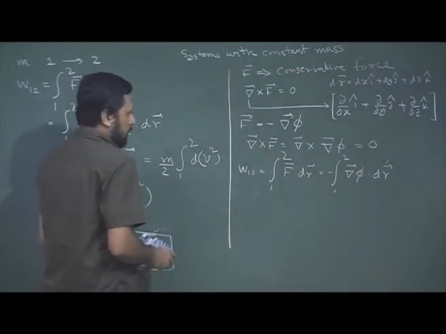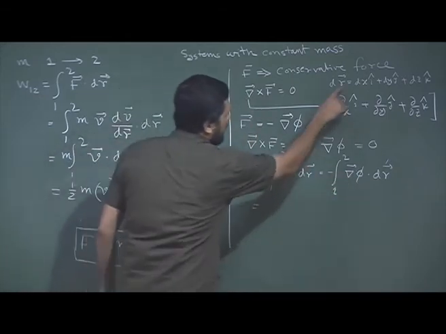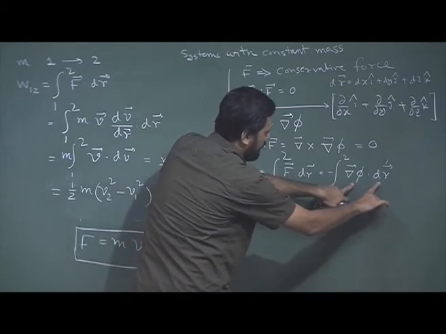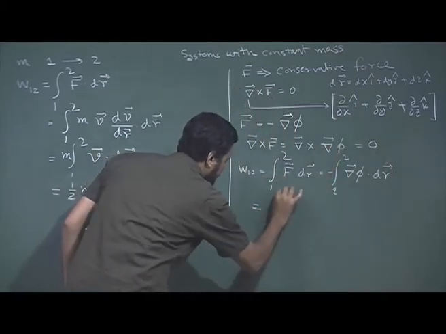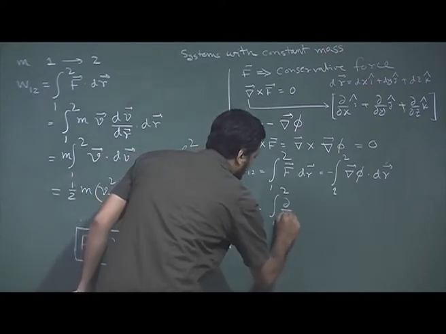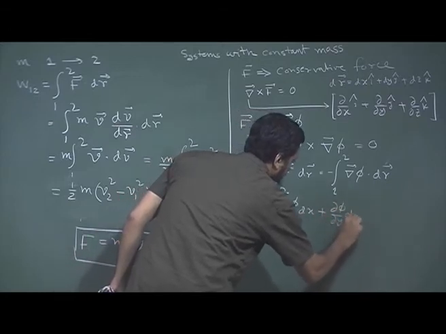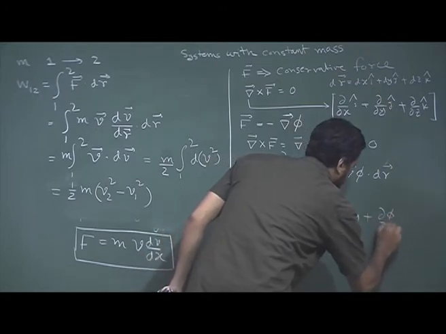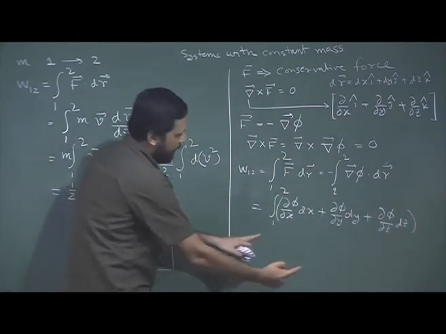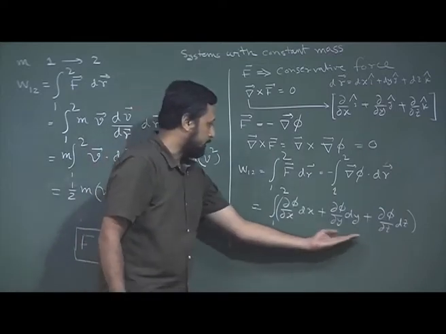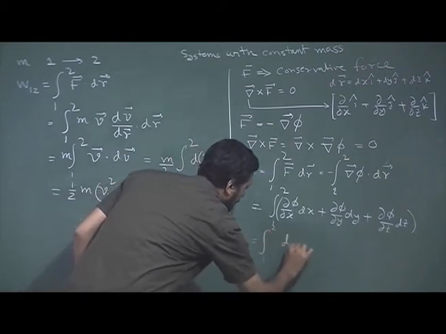Okay. So, in this integration, if we complete this dot product between grad phi and dr, then we will essentially get integration 1 to 2 of del phi/del x dx plus del phi/del y dy plus del phi/del z dz, and from the fundamentals of differential calculus, this entire term is nothing but integration 1 to 2 of d phi.